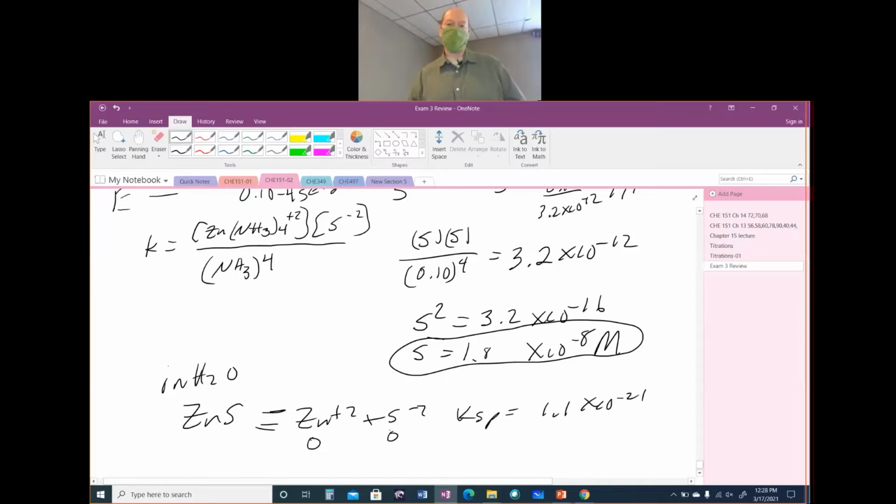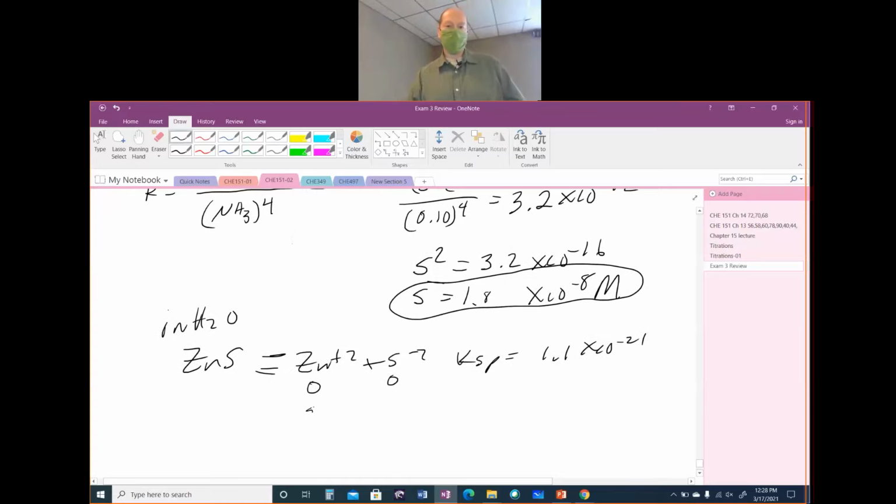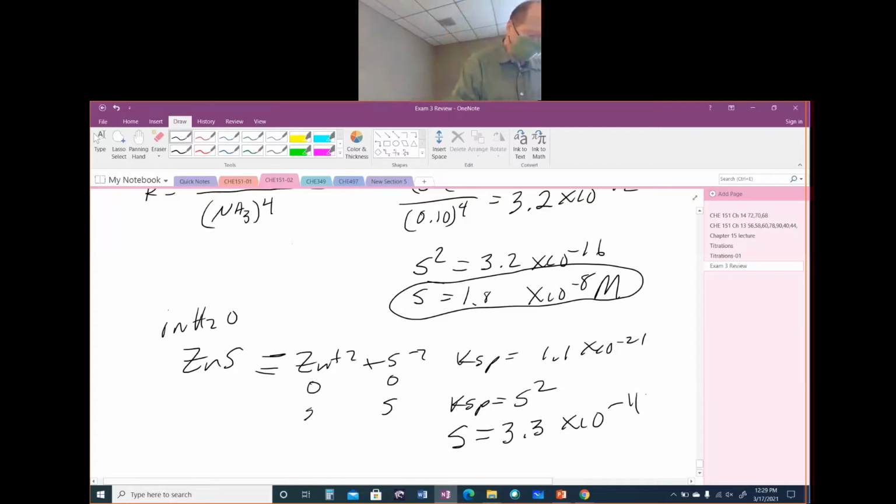So that's 0, it goes to the right. So that's S, so your KSP is equal to S squared. And so your solubility here is going to be 3.3 times 10 to the minus 11, I'm guessing.